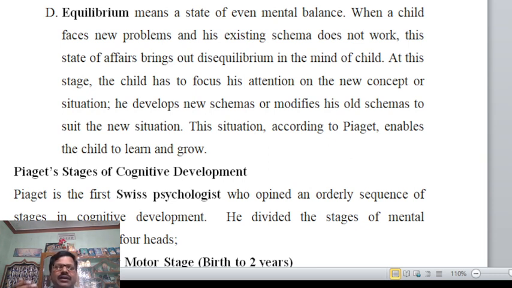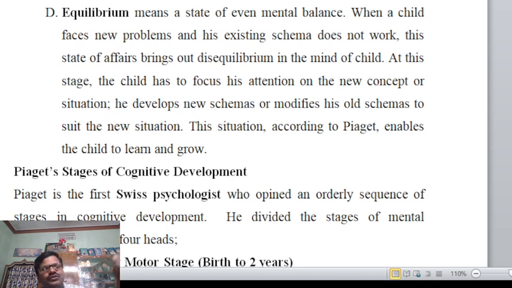What will be his state of affairs? It means that when a child faces a new problem and his existing schema does not work, this state of affairs brings out disequilibrium in the mind of the child. An unbalancing situation will be created.